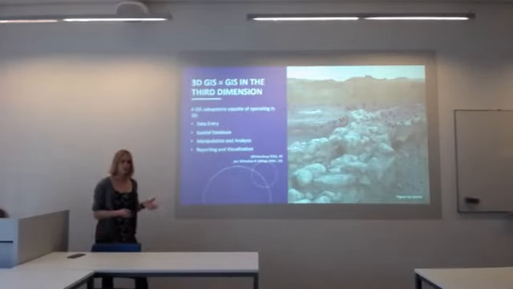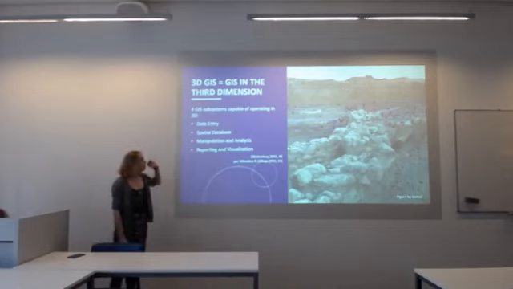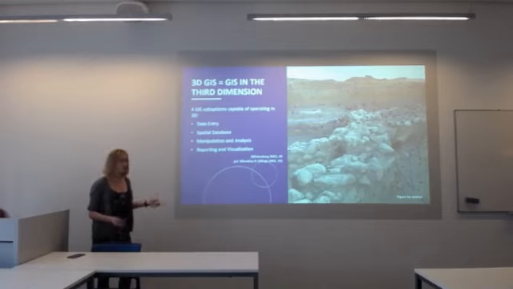A 3D GIS model is not just a 3D model. It is also located in a coordinate plane, so it also works as a GIS system. I think there are 4 basic criteria that a 3D GIS has to meet to be a true GIS system.